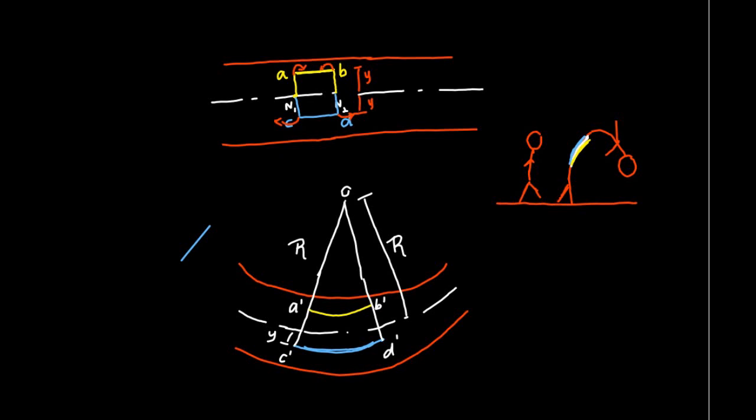Okay, now I can define this subtended angle here, and that is going to be theta. I can define it for the layer C dash D dash, and also for the layer N1 N2.